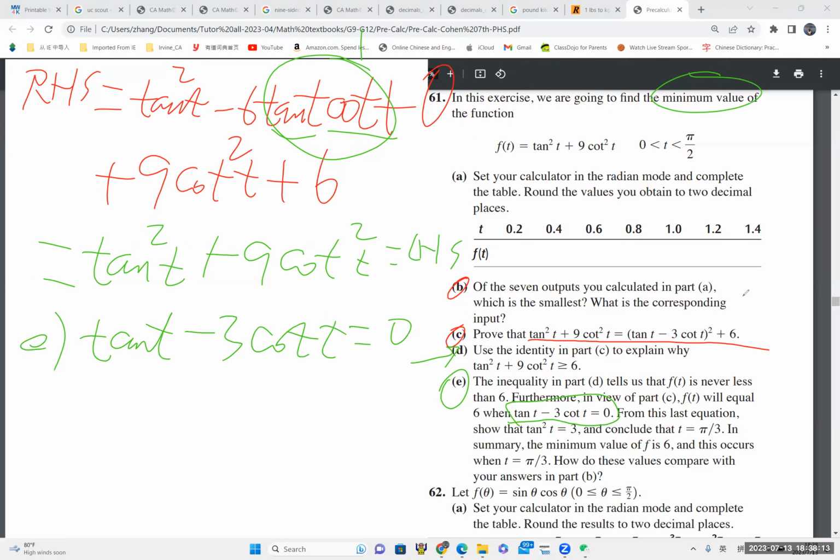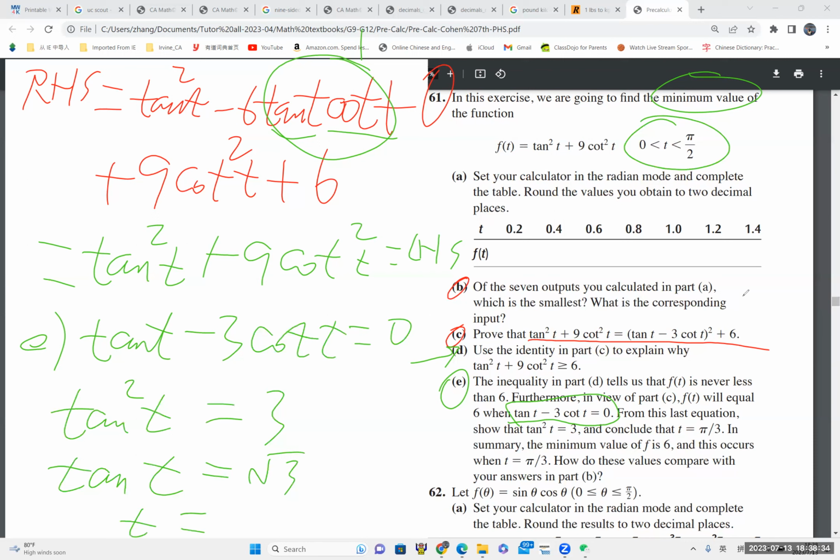Then we have tangent t squared equal to 3. And don't forget t is within this range. So we take tangent t equal to square root of 3, which means t is pi over 3. All right.